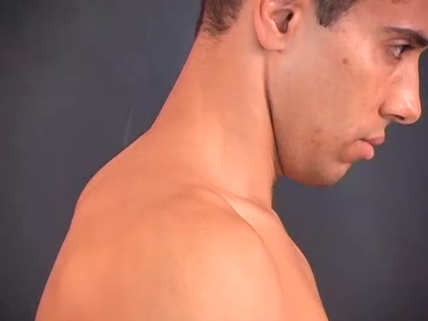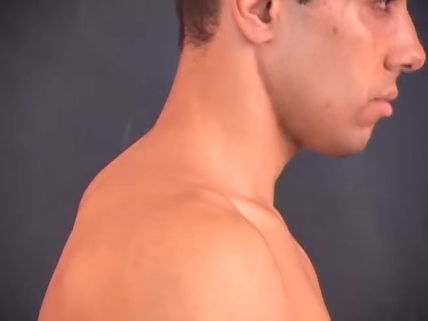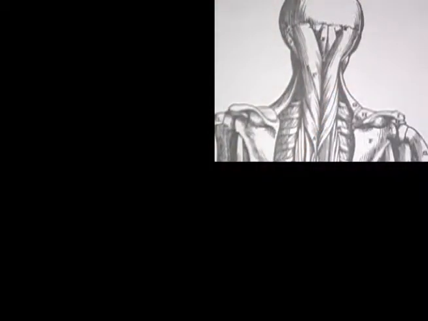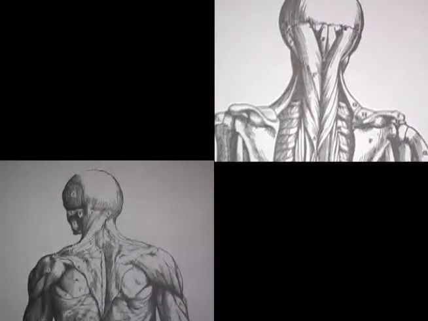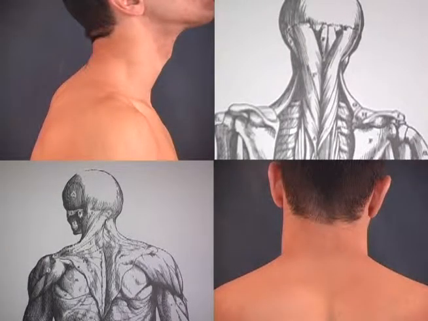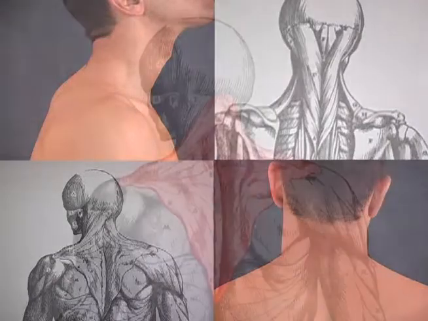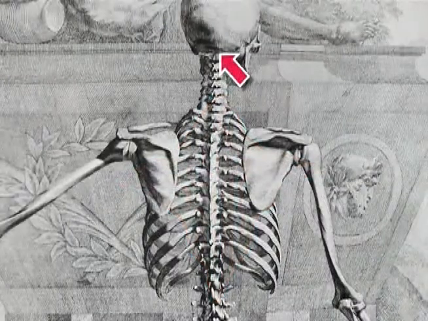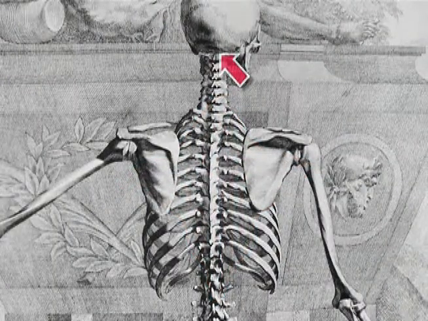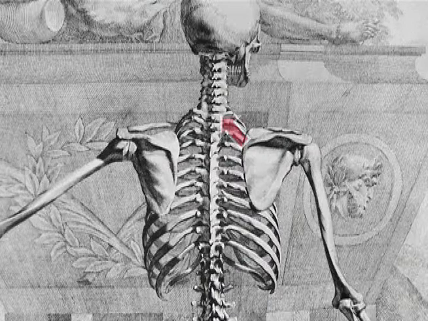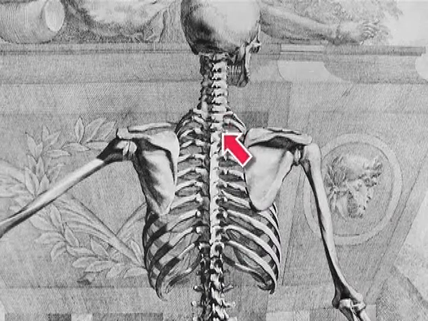The muscles of the back counter the sternocleidomastoid by pulling the head back. These thick rope-like muscles and the superficial trapezius fill out the shape of the neck. The trapezius is a diamond-shaped flat muscle which originates with the occipital bone of the skull, the 7th cervical vertebrae, and all 12 thoracic vertebrae.